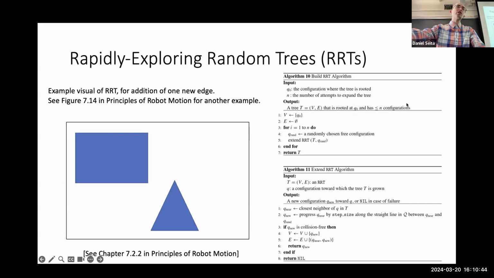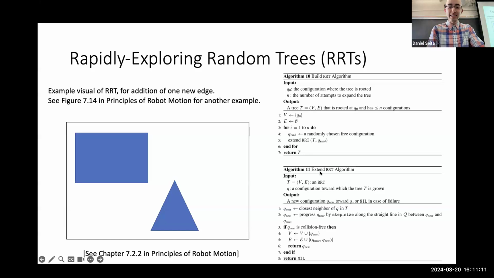This time it's a tree, which means you don't have a cycle, which you might have in a roadmap. So you start with one vertex, no edges, and you iterate: pick a randomly chosen free configuration, try to extend toward it, and then repeat the process, and then you're done. Again, very, very simple.